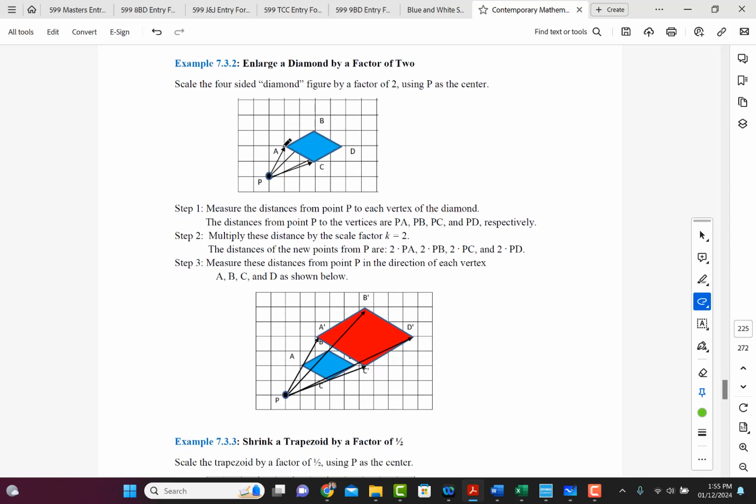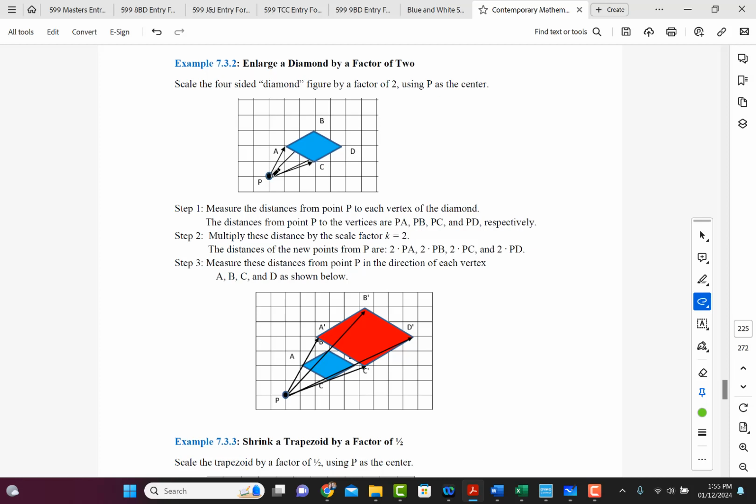So here's point P, this is where the center is that we're going to enlarge from. And so we're going to scale the 4-sided diamond figure by a factor of 2 using P as the center. So here's P. P is not on the figure. So here's what we're going to do.